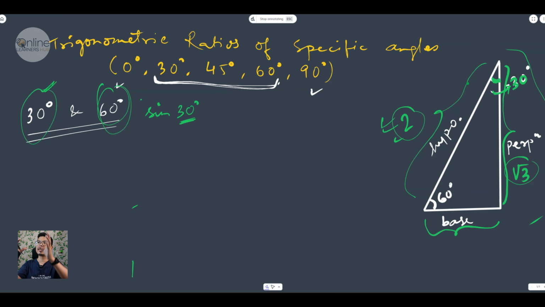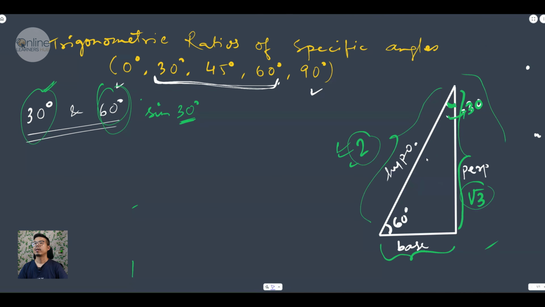You have to rotate this triangle. Let me rotate it if possible. There is no option to rotate it, but if I draw it once again, it will be something like this. The triangle has been rotated like that.